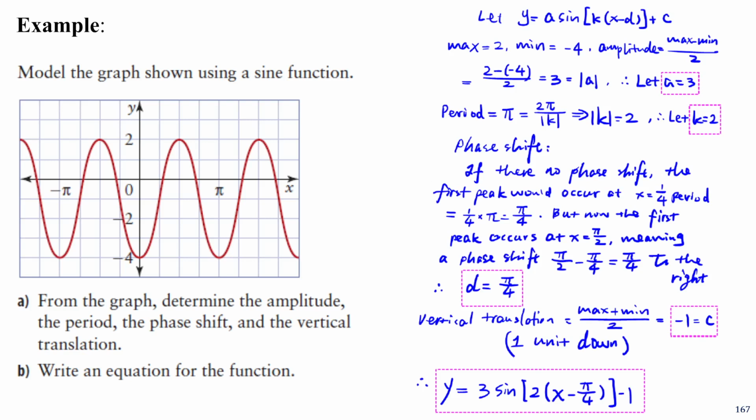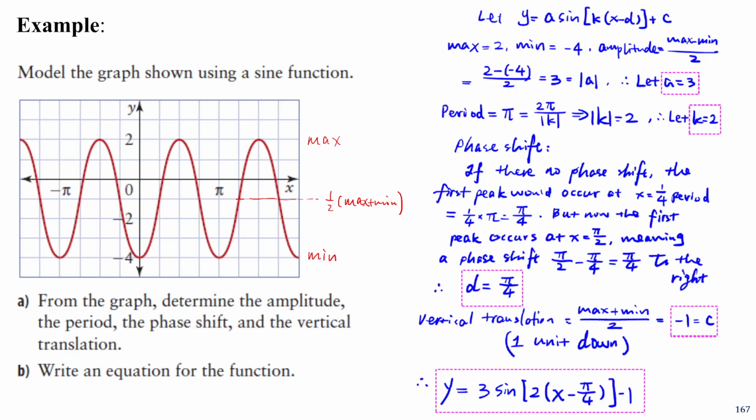So from this graph we can also observe the maximum is here, the minimum is here, and the equilibrium position is somewhere here. So that's just 1/2 of the maximum plus the minimum. So from this given information we know the maximum equals 2, minimum equals -4, then amplitude equals 1/2 of maximum minus minimum. So the amplitude is 3. We can let A equal 3, right?